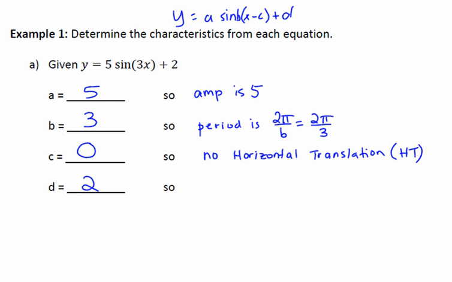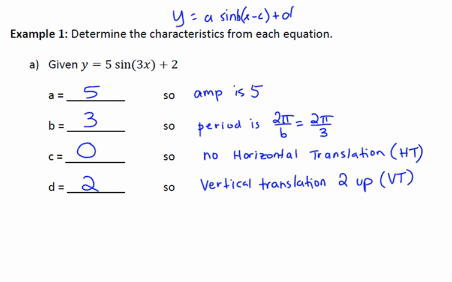Okay, what does D equal 2 tell you? Vertical translation where? What direction? 2 up. In the future, I'll do VT. It also tells us that our midline is 2, right? Midline is 2. Good.